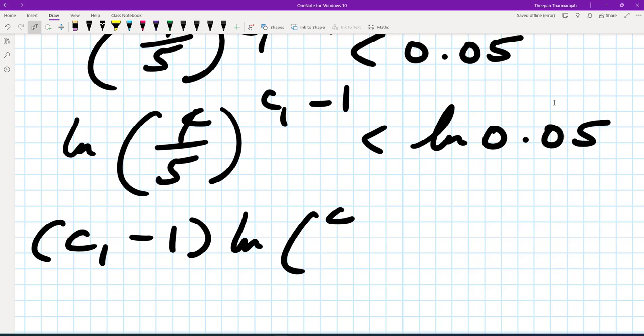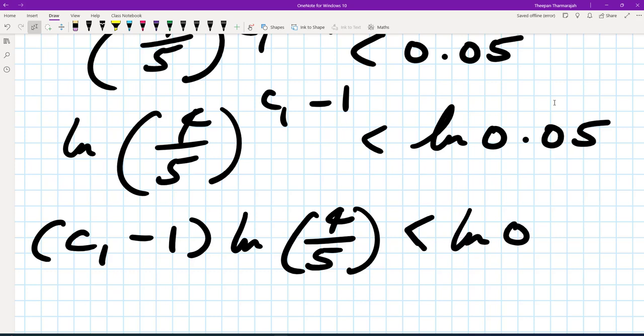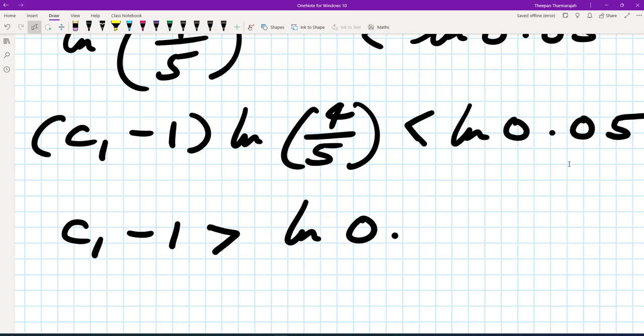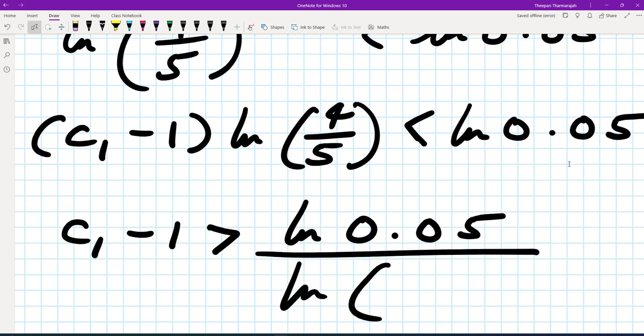Then we get (C1 minus 1) ln 4/5 is strictly less than ln 0.05. Here's the important part: because ln 4/5 is a negative value, when we divide by a negative value, the inequality sign will change. So C1 minus 1 will now become greater than ln 0.05 over ln 4/5.